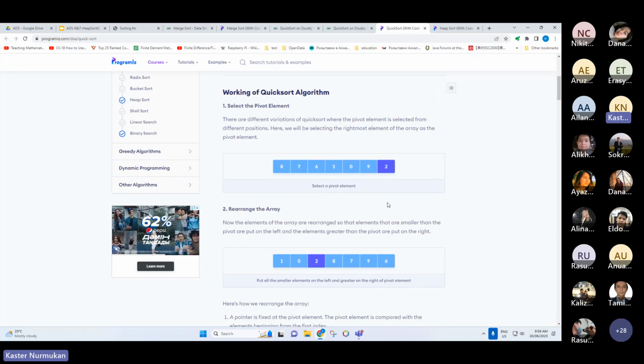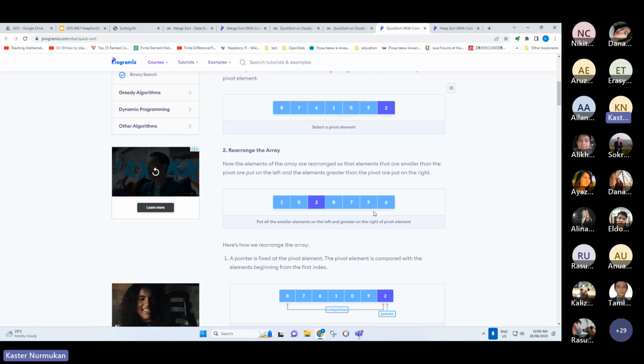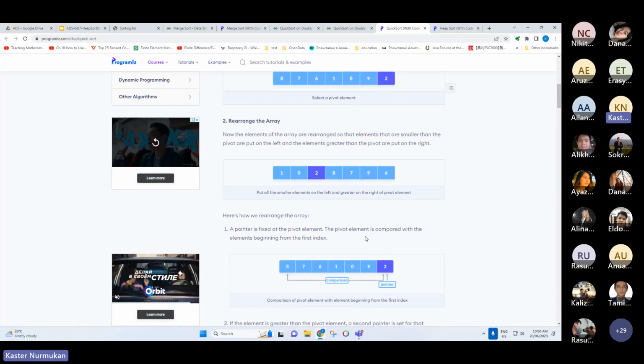Then what you're doing is putting the smaller elements on the left side and the bigger elements on the right side. Then the left side is always sorted, so they will concentrate on the rest. Another time, they use the same algorithm.